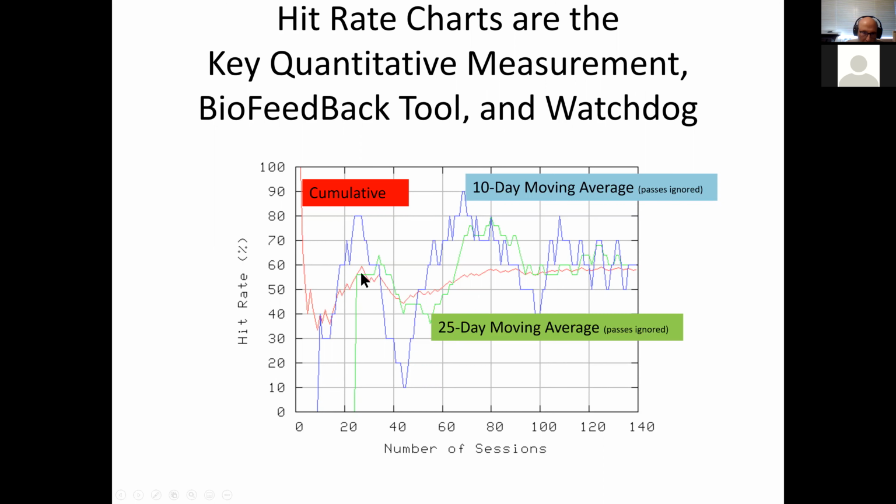Now, the green curve, I consider the most important because I am interested, and I hope you are interested in the long term. We are going to go into a consciousness paradigm shift where this stuff becomes more and more accepted.